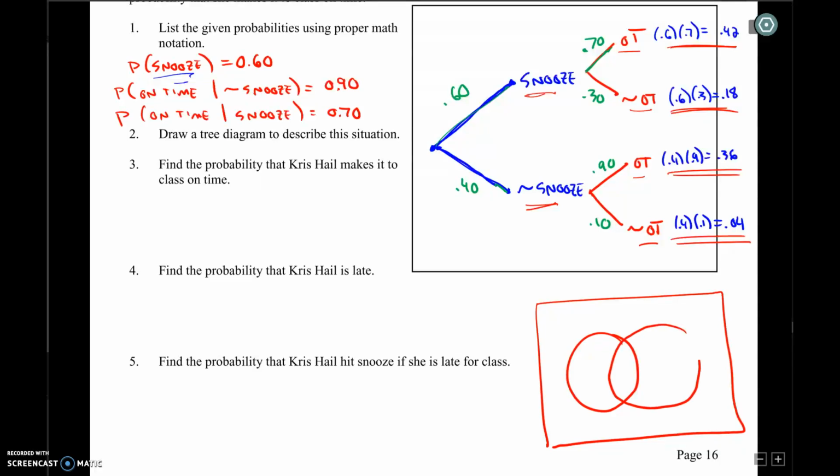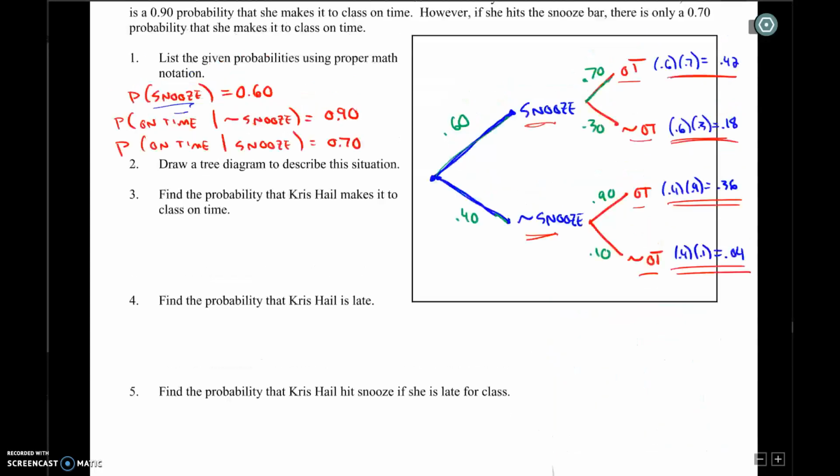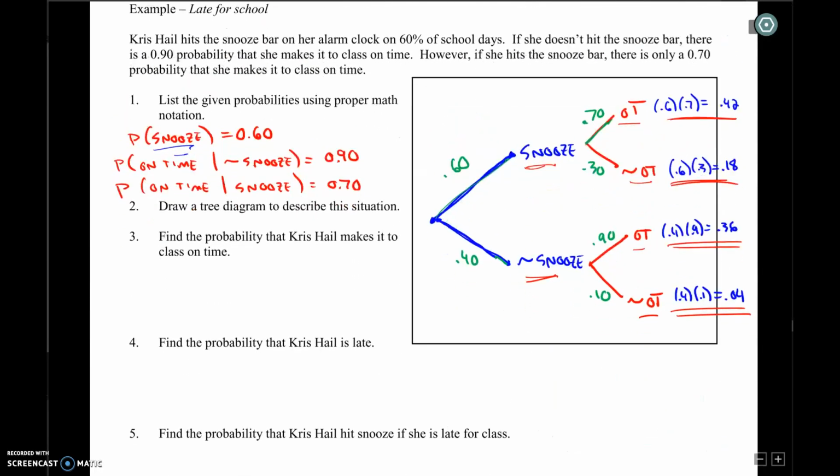By the way, you really don't need to do a Venn diagram, but I just want to illustrate that there is a link between these. Actually, you know what? I don't want to confuse the issue. This is a tree diagram problem, so let's not do the Venn diagram.